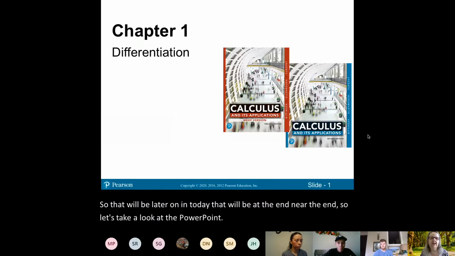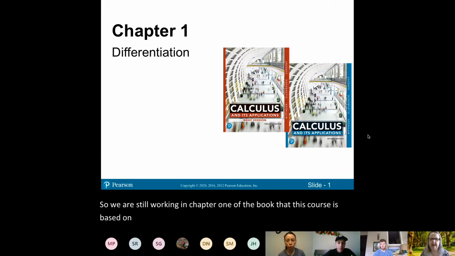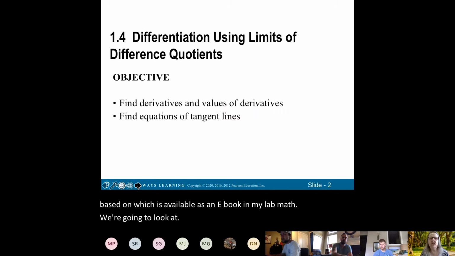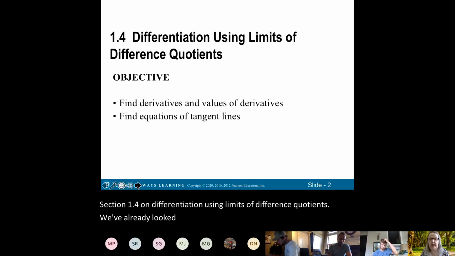So we are still working in chapter 1 of the book that this course is based on, which is available as an ebook in MyLab Math. We are going to look at section 1.4 on differentiation using limits of difference quotients. We've already looked at the average rate of change.